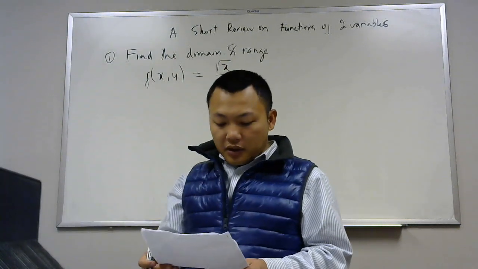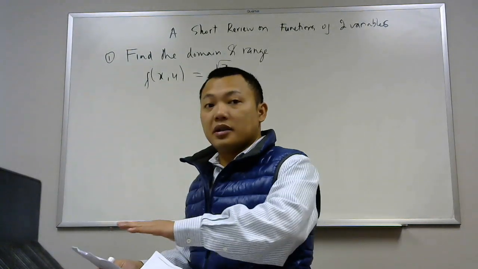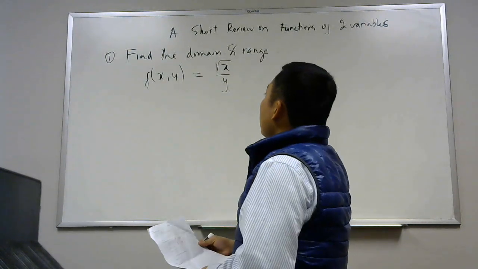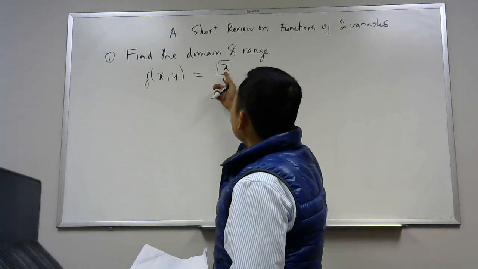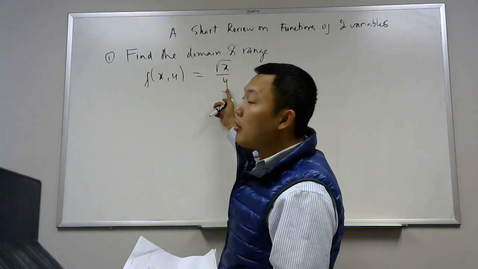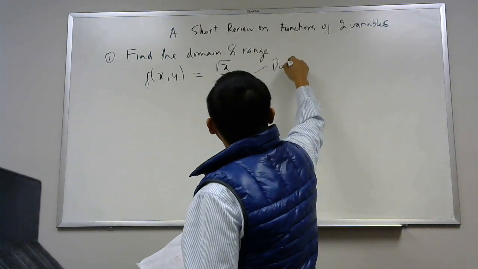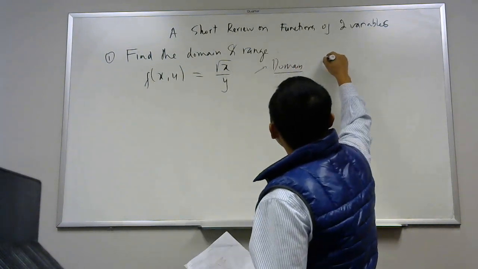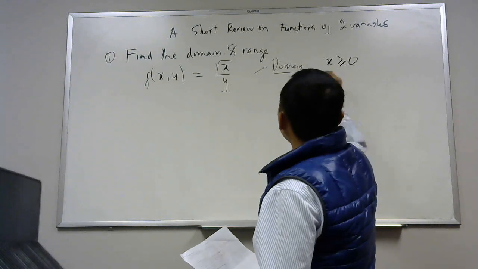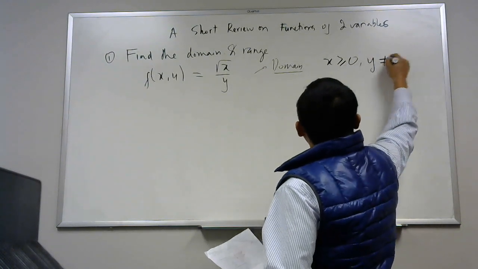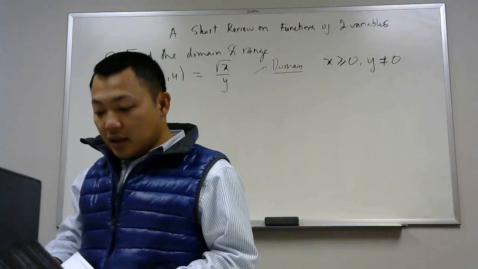The domain of the function is all points where the function is well defined. In the definition of this function, you have square root of x and you have 1 over y. So from here you can find the domain is where x is greater than or equal to 0 and y is different from 0. So that is the domain.